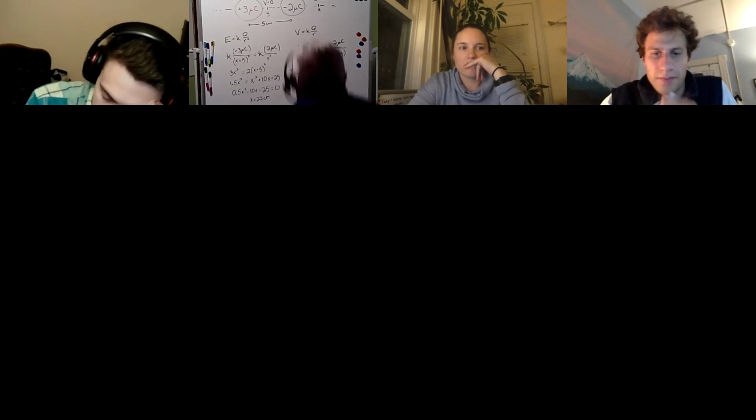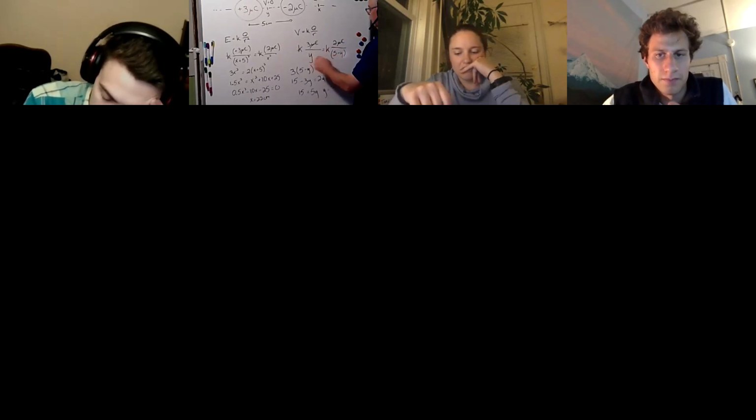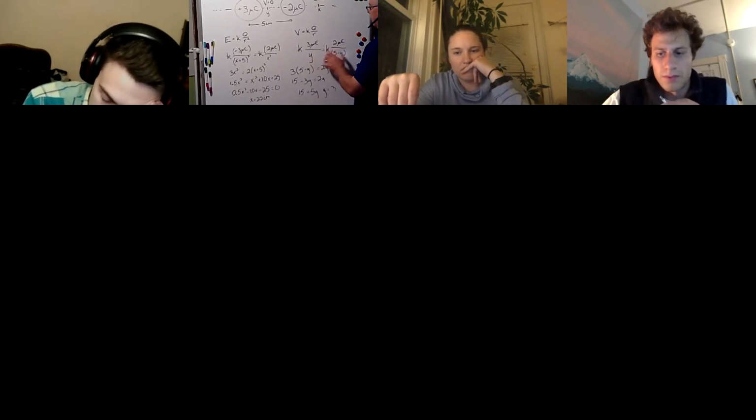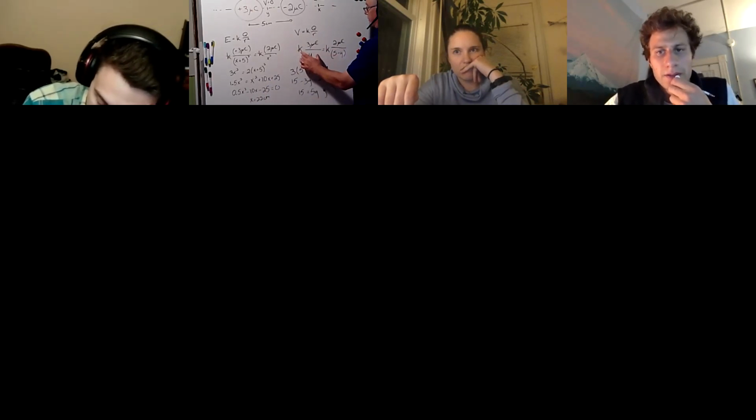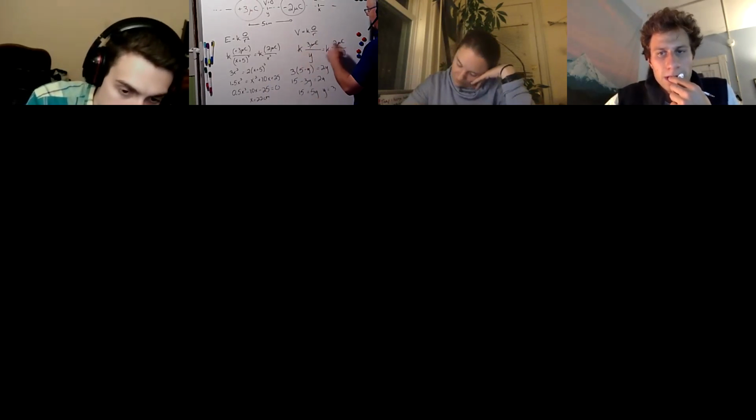Let's see what happens. So the question is, what if y was under here and 5 minus y was over here? Then this would be 3y, and this would be 2 times the quantity 5 minus y, so that would be 10 minus 2y. And then 3y over here, and then y would be equal to 2.